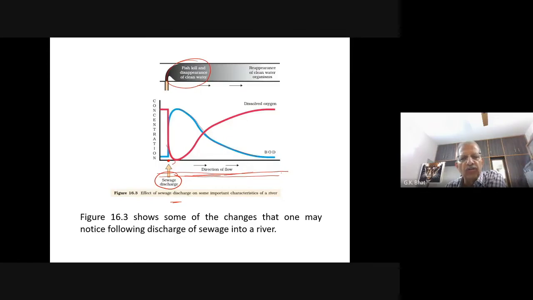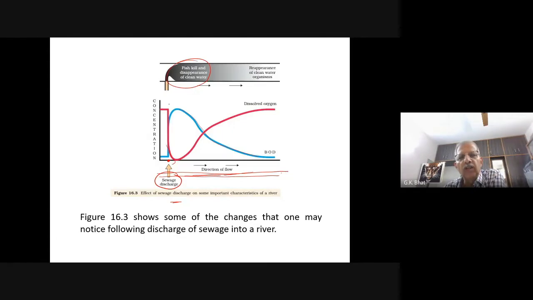The dissolved oxygen, which was very low, gradually rises up. So in this way, you can always say that the BOD is related to the pollution of the water. The more the water is polluted with sewage, the more is the BOD, and the less is the dissolved oxygen there.